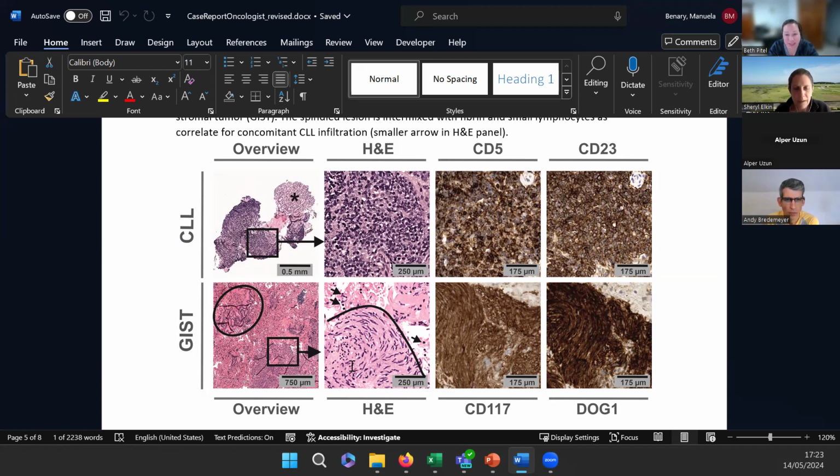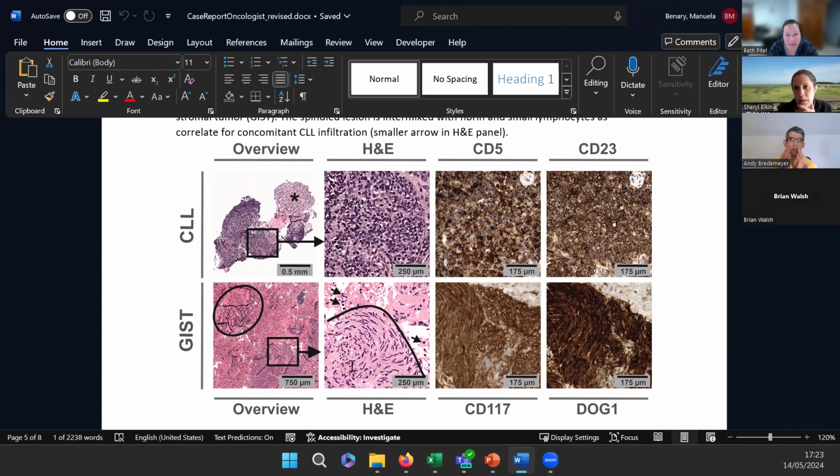I almost wonder, were these the only two mutations detected at all in both of them? No, I think there were a few more, but these were the ones which were relevant for treatment. That's a good point. Just in terms of whether the source of the BRAF mutation is the CLL or was part of the GIST tumor would inform treatment of the GIST, right?